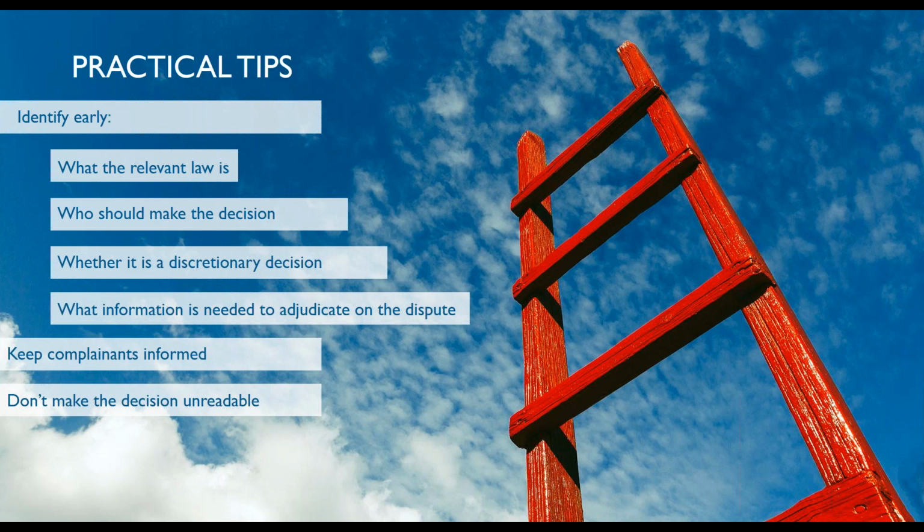So identify what the complaints were, give a brief summary of the decision reached in relation to those complaints, set out the relevant law, so refer to the relevant regulations and any pension ombudsman decisions, set out a summary of the relevant facts and deal with any dispute about the facts, so explain your conclusions on the facts and why you've reached them, and then explain why you have reached the decision that you have, which will generally involve applying the law to the factual situation.